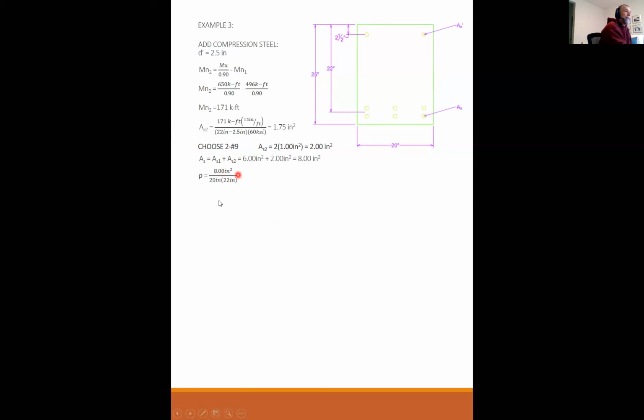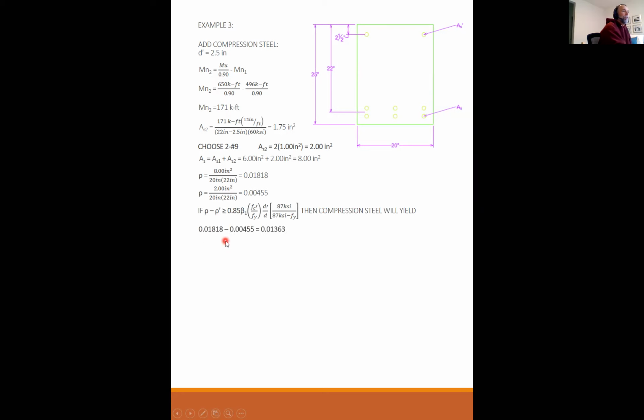Rho is equal to 8 over b times d, 20 width times d, 0.01818. Rho prime is 2 square inches over the same bd, 0.00455. Now I'm going to do my test.